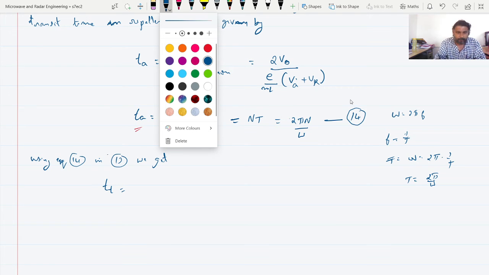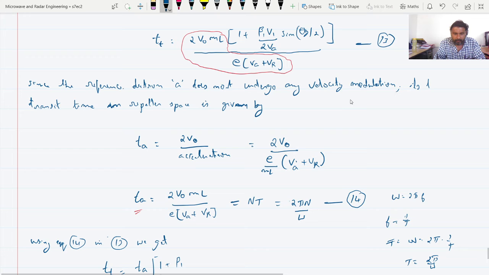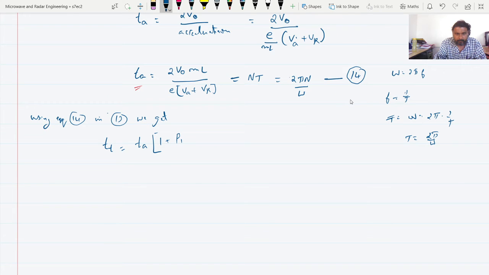That is TA, and all other terms as 1 plus beta 1 V1 divided by 2 VA, sin theta G by 2. Okay, call this equation 15.